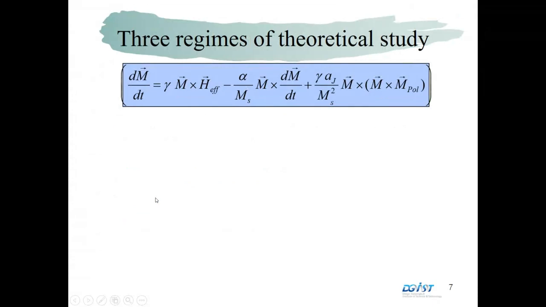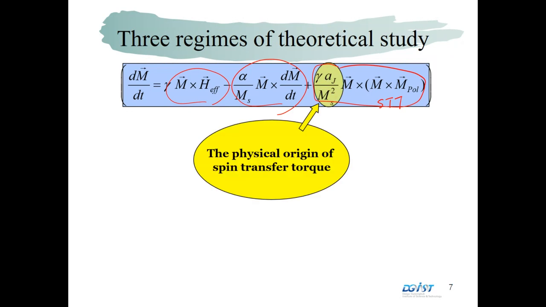Okay, so let's go back to the LLG equation again. As we already learned, we have a precession torque and the damping torque. And now we have an additional torque because of the STT. So today I'm going to explain why this term can exist and why the torque is like this.